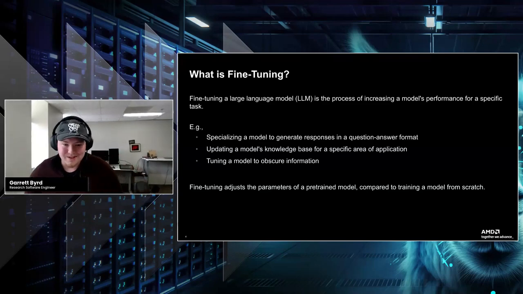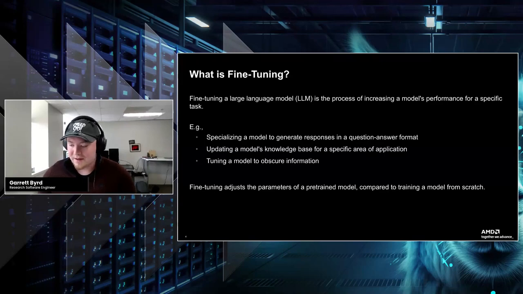Of course, another way is actually to just update its domain knowledge. So maybe you have some internal data set specific to something for your company, or maybe specific to a certain scientific domain. Updating it to be more knowledgeable on that data is, of course, another example of fine-tuning.